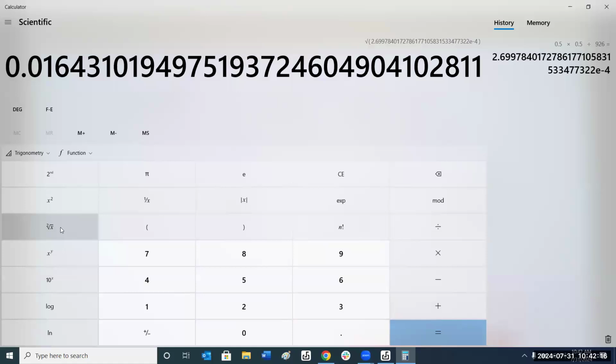We get 0.016431019497. Now I have to retype this one.